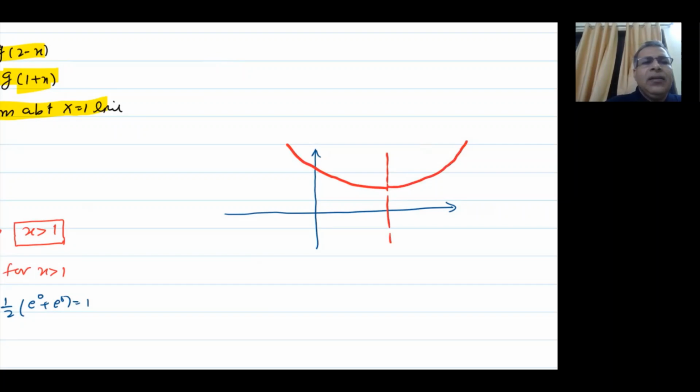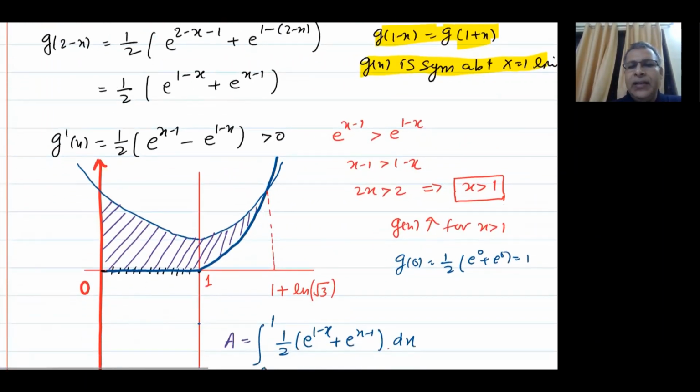And then this function is constant for x less than 1, and then it will go, and this function is increasing, and this point of intersection is 1 + ln root 3, right? So we have to determine the area bounded by this curve, correct?